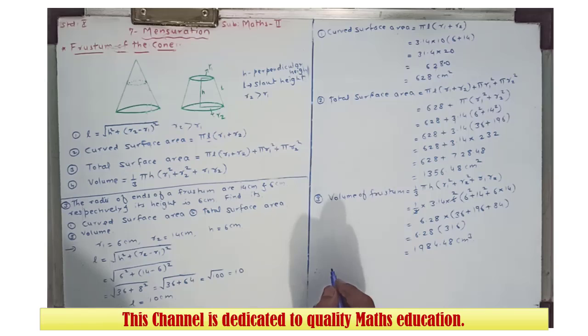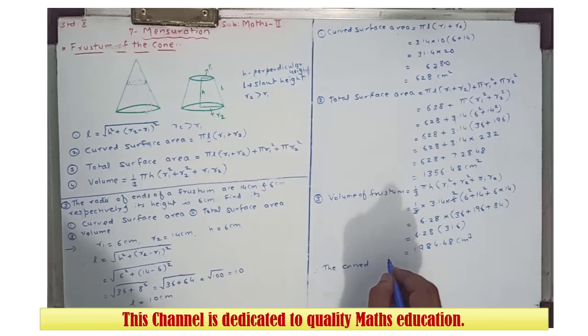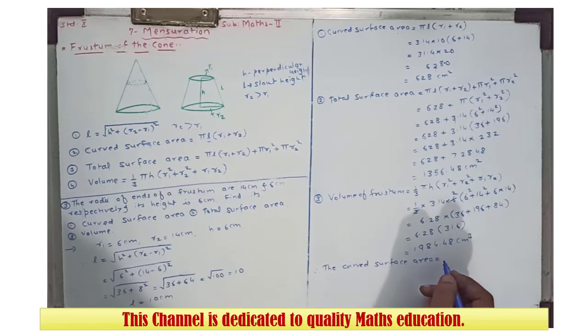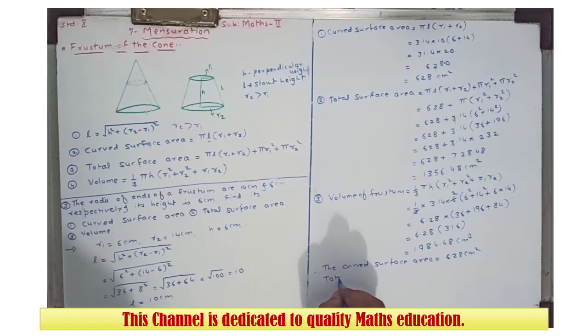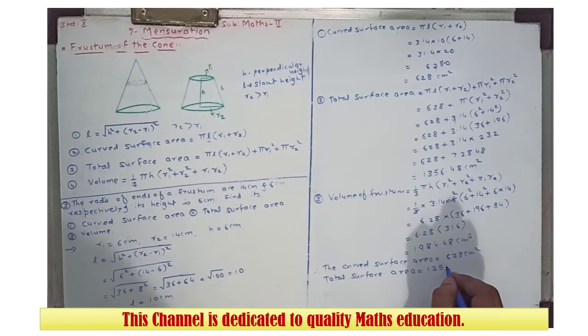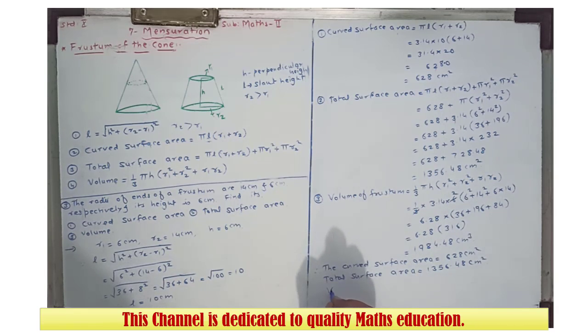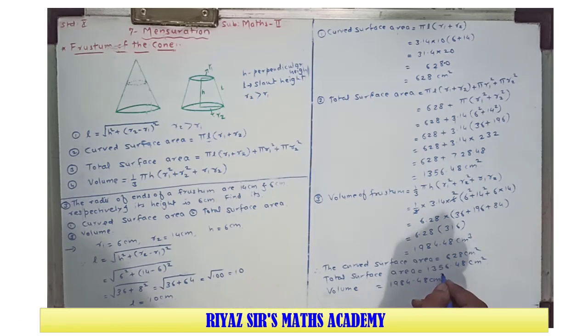Therefore, at last we write: the curved surface area is equal to 628 centimeter square, the total surface area is equal to 1356.48 centimeter square, and the volume is equal to 1984.48 centimeter cube.